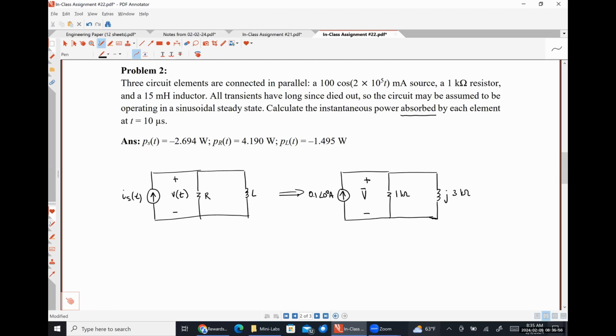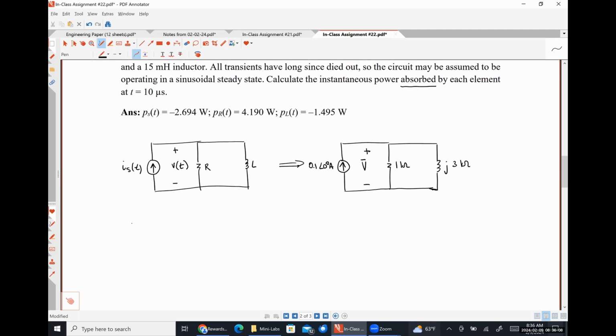And now we're trying to solve for this phasor voltage V. Okay. So how can we solve for this phasor voltage V? Technically, yes, but that's more work than I'm willing to do. You're overlooking something obvious.